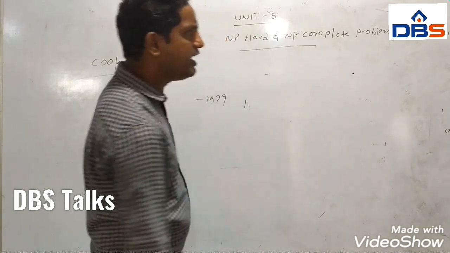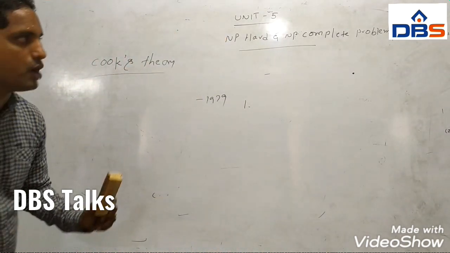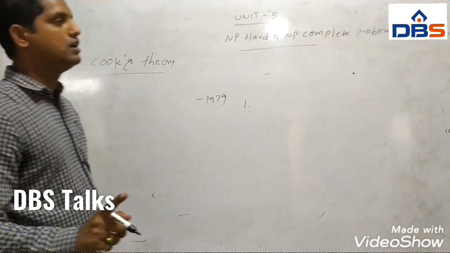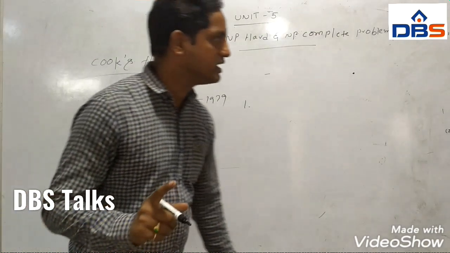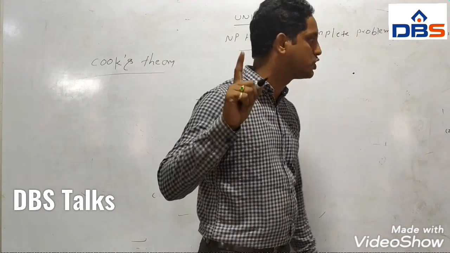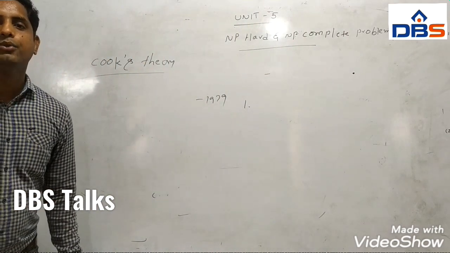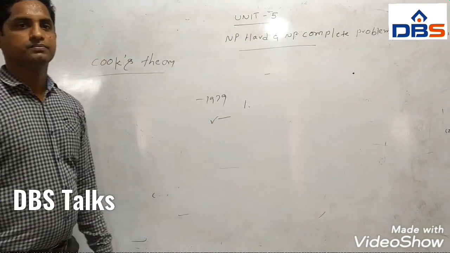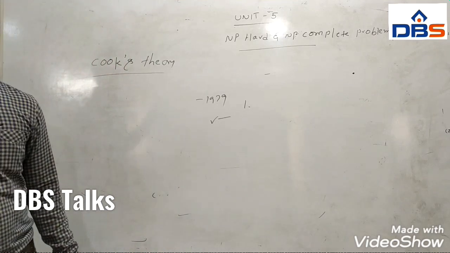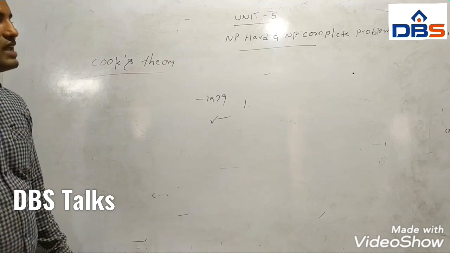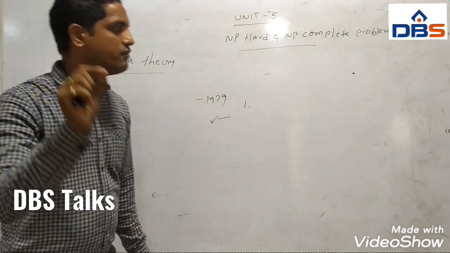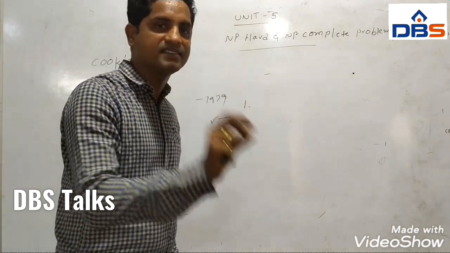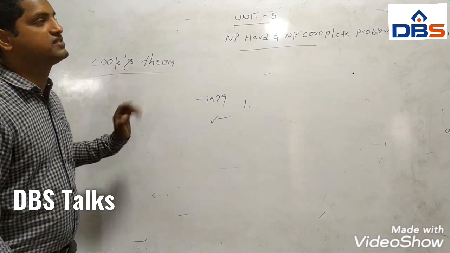The first one is: any instance of the Boolean satisfiability problem is a Boolean expression in which Boolean variables are combined using Boolean operations. An expression is satisfiable if some assignment of the Boolean variables gives the value true. That is the first property of Cook's theorem. And the second property: Boolean satisfiability is in NP, that is, a non-deterministic algorithm can guess an assignment of the truth values of the variables. That is the second property of Cook's theorem.